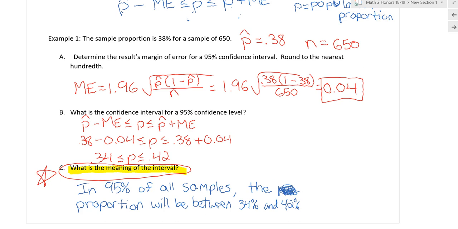In 95% of all samples, so that's very key. This one's just the proportion because we don't have context, but in context, we have to say whatever that is will be between 34% and 42%.